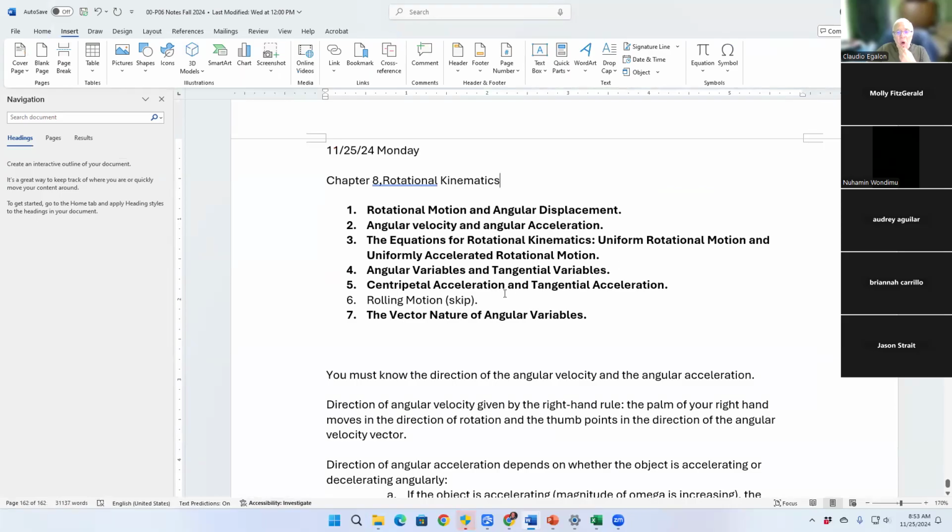So, vector nature of angular variables. We're doing a review for the upcoming exam.